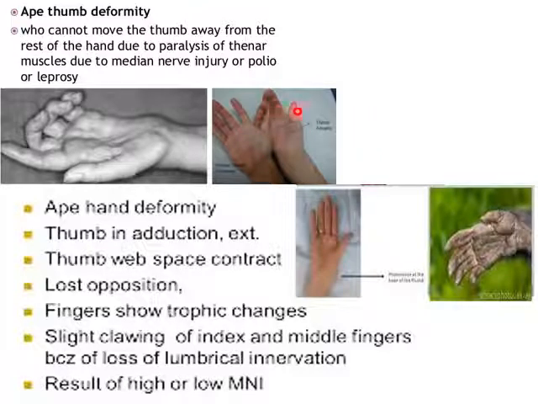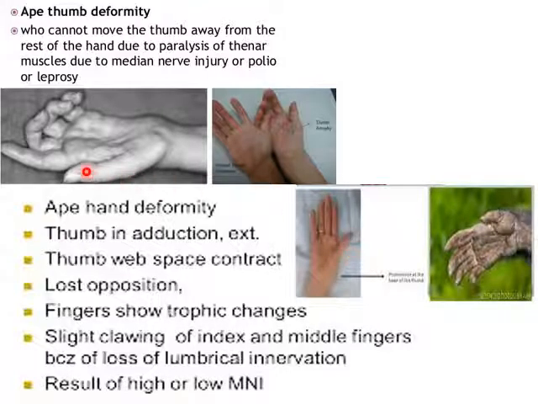There is extension of the thumb because of the extensor pollicis longus, which has its unopposed action, and there is loss of opposition movement of the thumb to the pulp of the other fingers, and because of the loss of sensations, they show trophic changes also, in the pulp of the lateral 3.5 fingers.